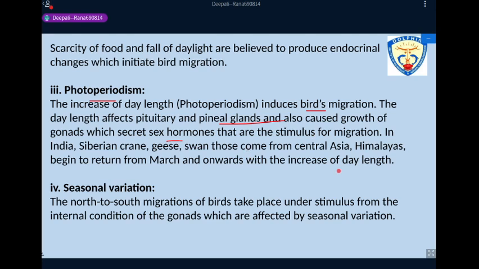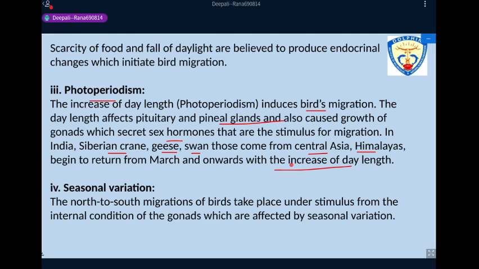A stimulus for migration. Okay, so this happens in the case of many Indian birds, for example the Siberian cranes, geese, and swans that come from Central Asia. The Himalayas begin to return from March onwards with the increase of the day length.